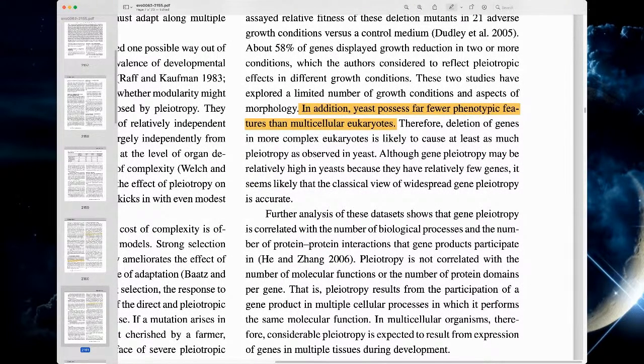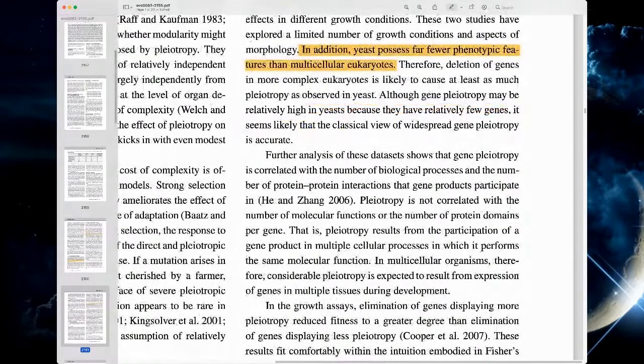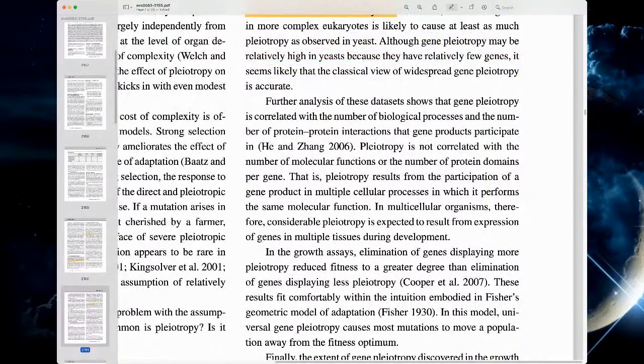Yeah, I don't know if I agree with that. But let's grant that for yeast anyway. They don't have that many tissue types, right? One tissue type.